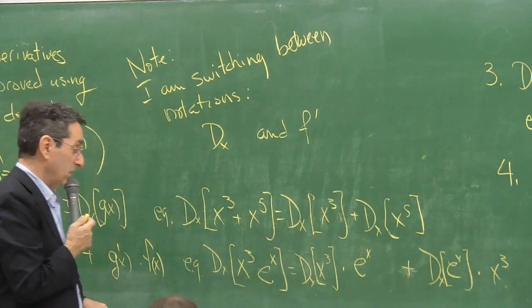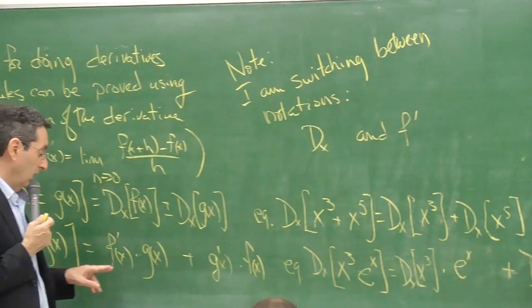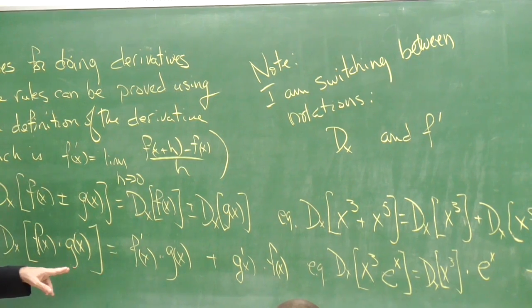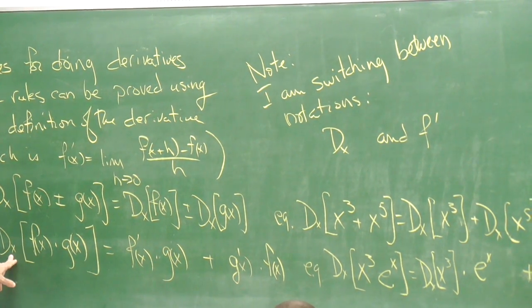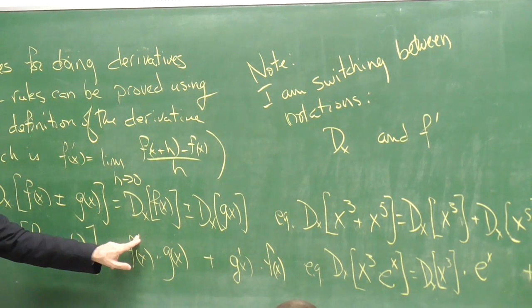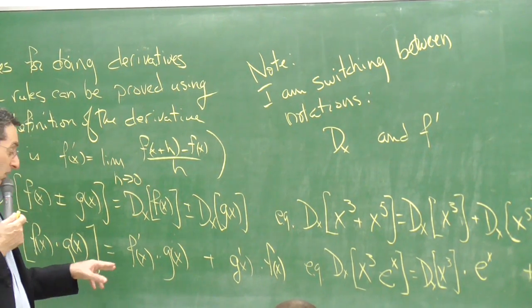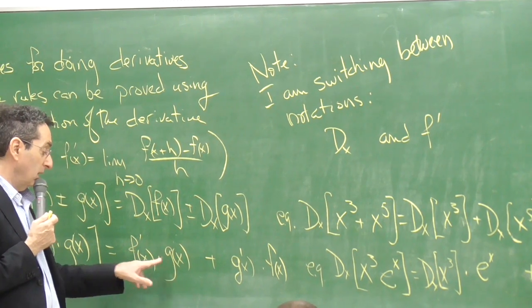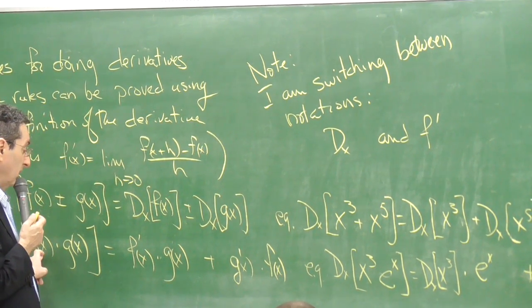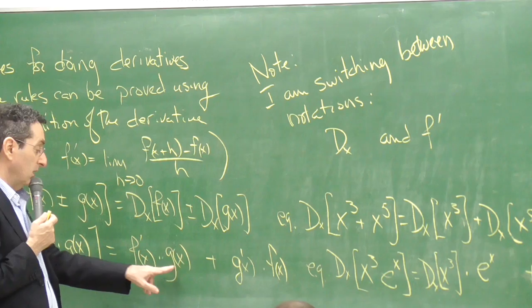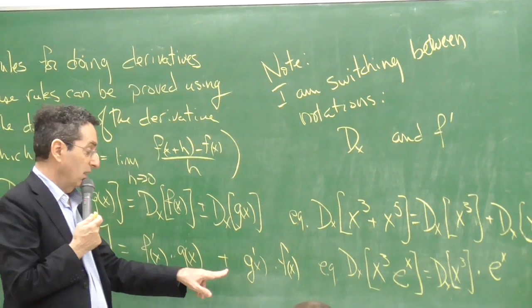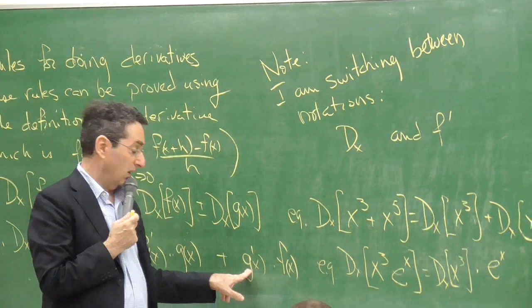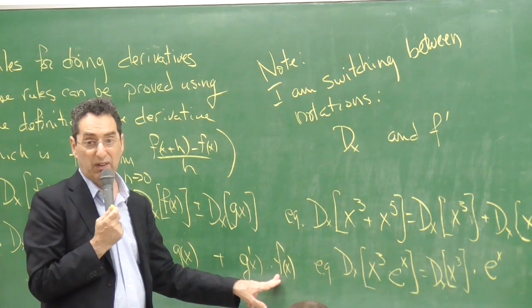So what does the rule say? Now I switched from one notation to the other, from this notation to the prime notation for derivative. So f prime times g: you take the derivative of the first one times the non-derivative of the second one, plus the derivative of the second one times the non-derivative of the first one.